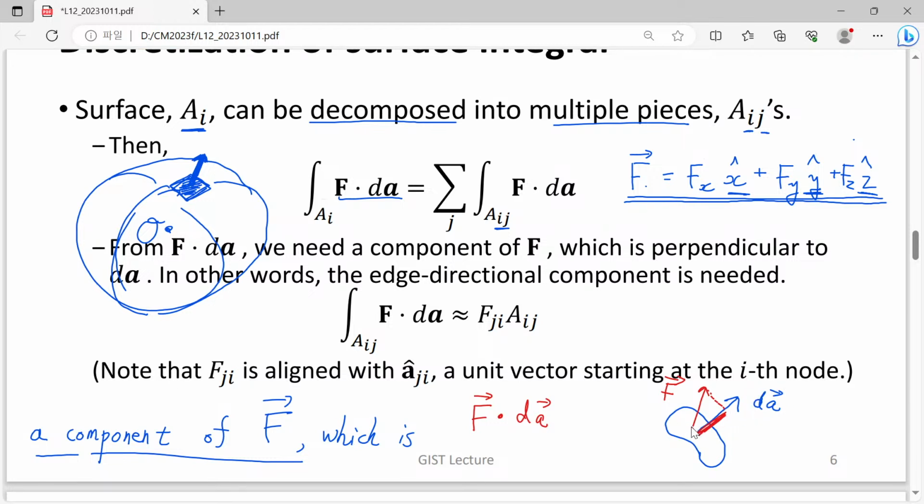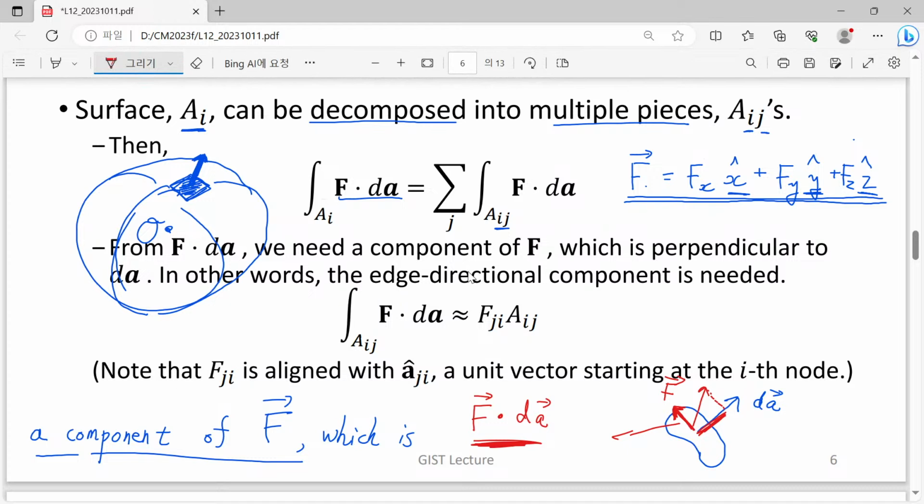The unaligned component of F with respect to dA does not contribute to our scalar product. So are you all with me? Although F, the vector field itself, can have many different or arbitrary values for three independent axes, this operation just takes the component aligned to dA.